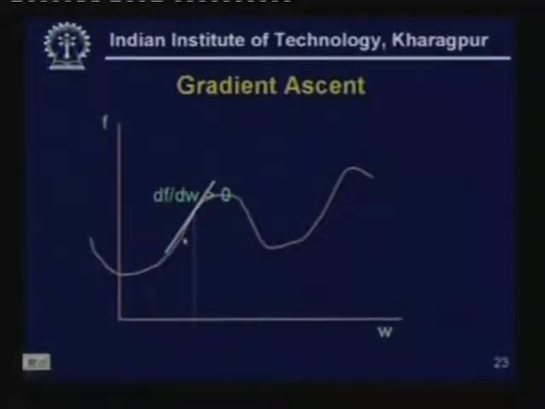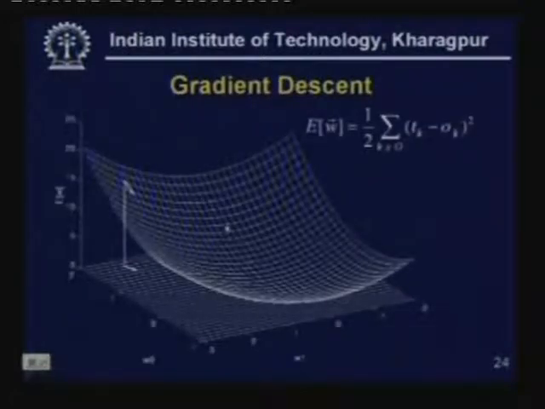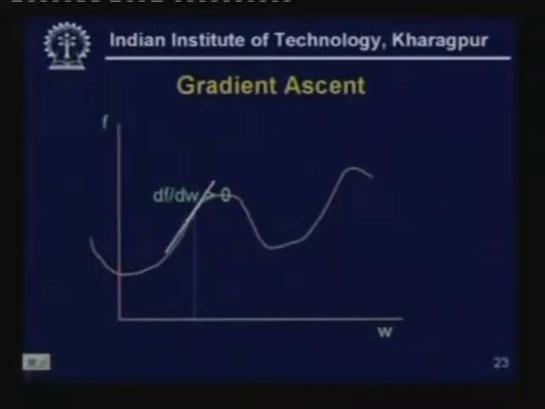So, instead of doing gradient ascent, we will try to do gradient descent on the error curve, and our objective will be to start with a point and then move in the negative direction of the slope until we reach a point where the slope is equal to 0, that is we reach the minimum of the error function.